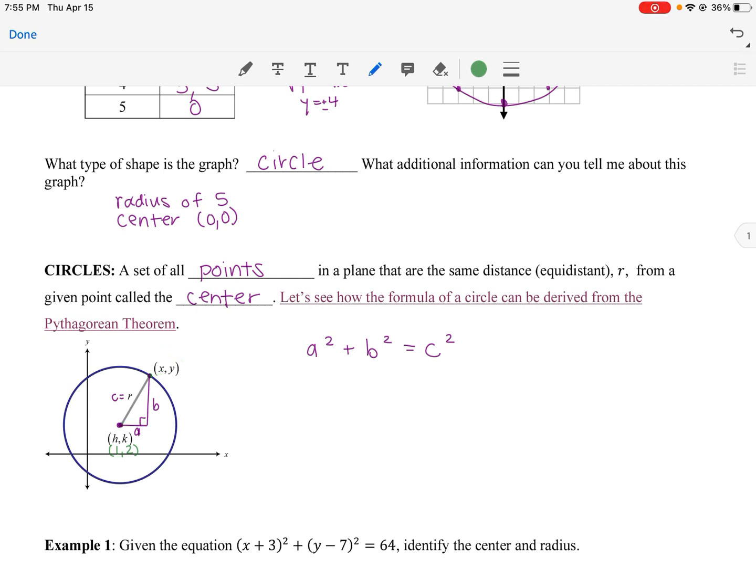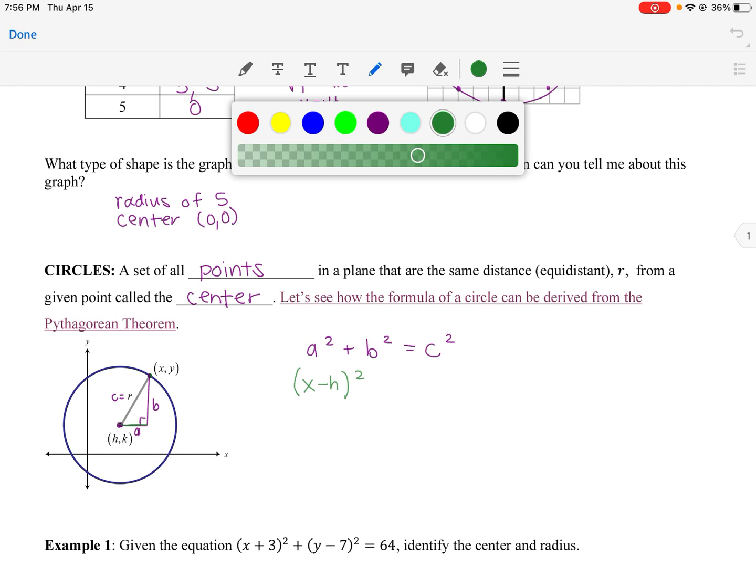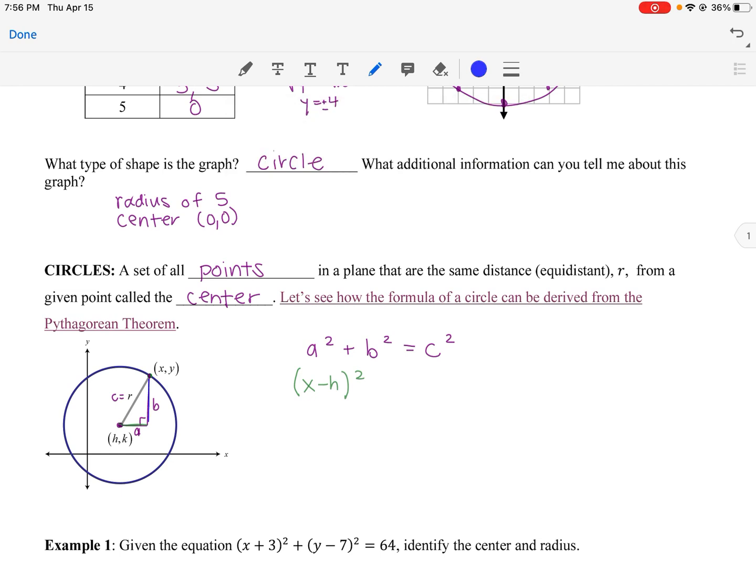So if we generalize it, this side value of a is the difference of our x values, so (x minus h) squared. And then this height is the difference of our y values, so (y minus k) squared.